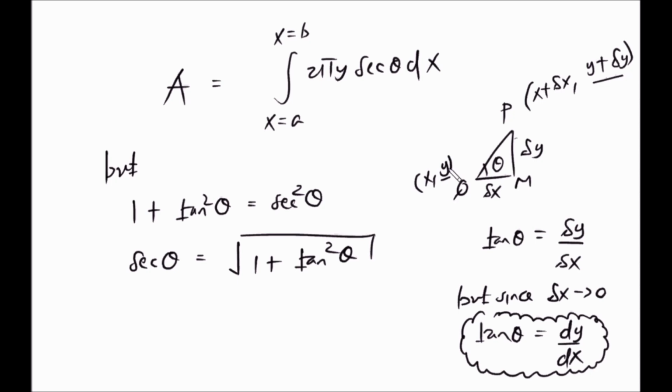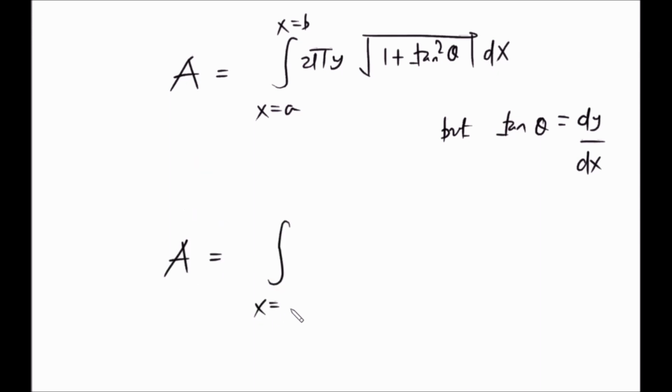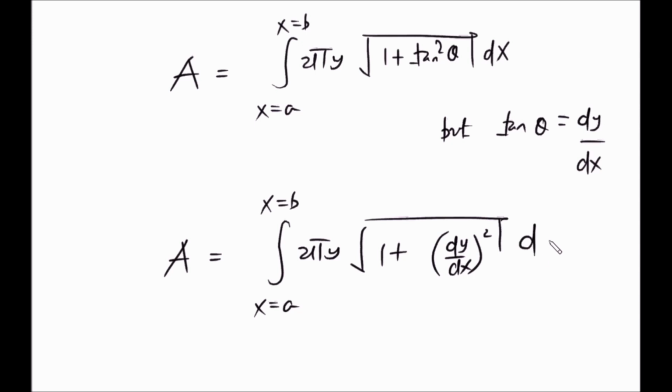So now the area of a surface of revolution, we integrate from x equals to a to x equals to b, 2 pi y sec theta, which we said is the square root of 1 plus tan squared theta, with respect to x. But tan theta we said is dy dx. So our area is the integral from x equals to a to x equals to b of 2 pi y times the square root of 1 plus dy dx squared, with respect to x.